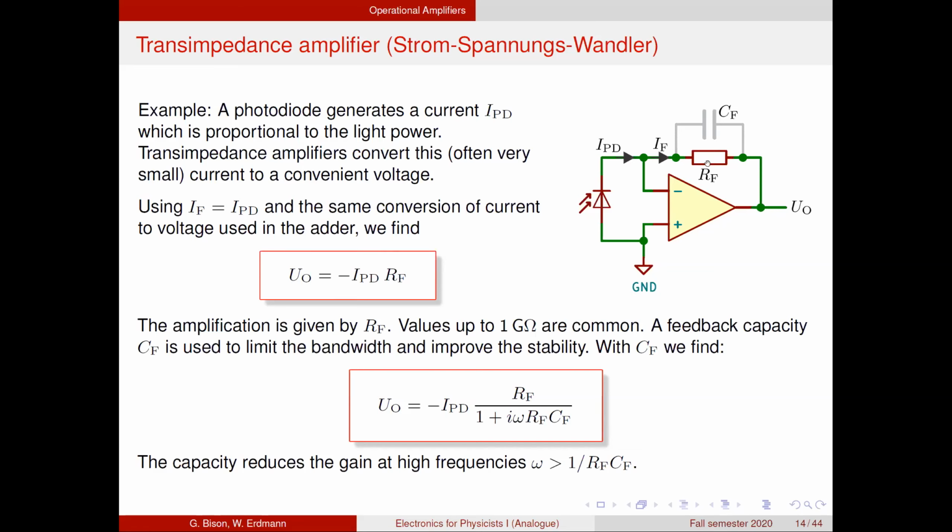So if you want this voltage to be large, you have to use a large feedback resistor, and values up to gigaohm can occur. And this kind of amplifier is known to be challenged with stability, especially if you use really large values in this feedback resistor. And for that reason, it's typically necessary to add a capacitor here. So what does this capacitor do?